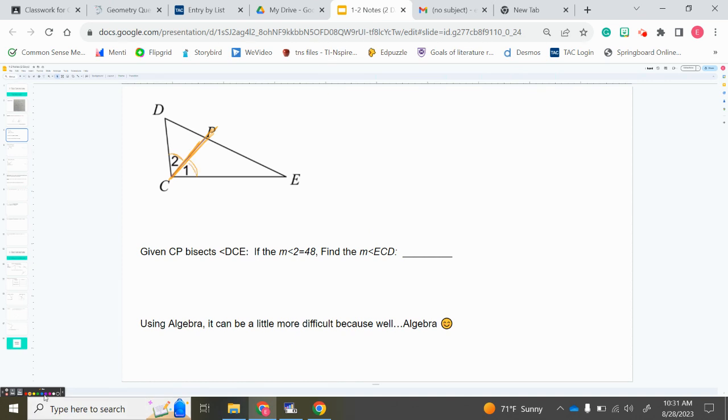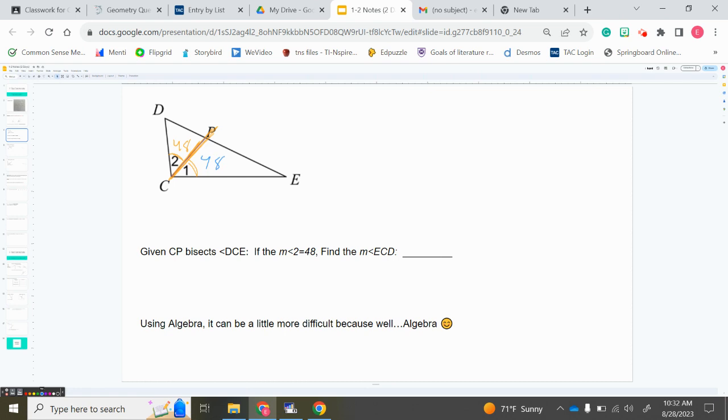They're telling me that the measure of angle 2 is 48 degrees. So this is 48. They said find the measure of ECD. So they want the measure of the entire thing. Well, if this bisects and this is 48, what does angle 1 also have to be? Who can tell me? If it bisects, it cuts it in two. Yep. 48. Excellent job.